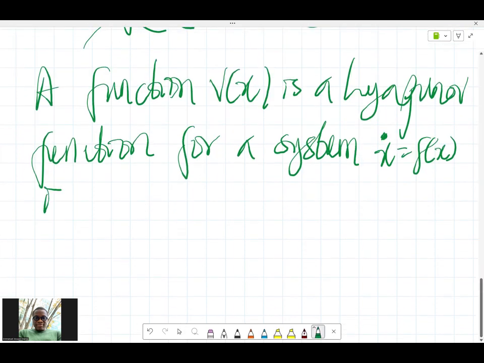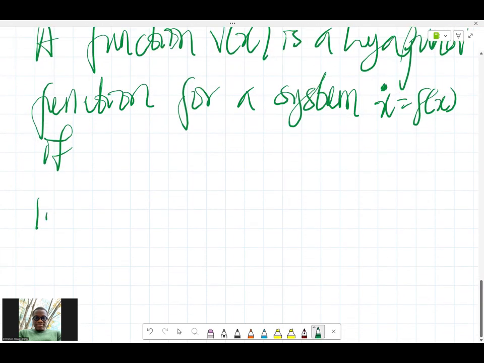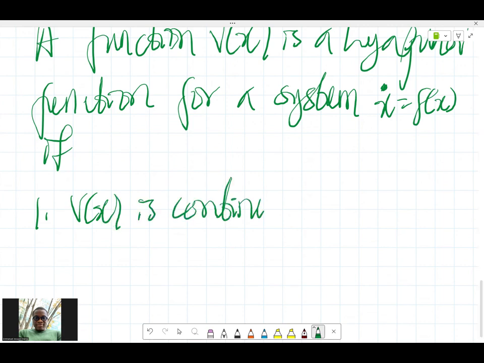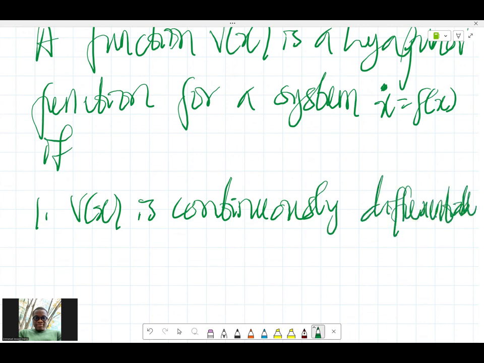if number one, V of x is continuously differentiable and positive definite.